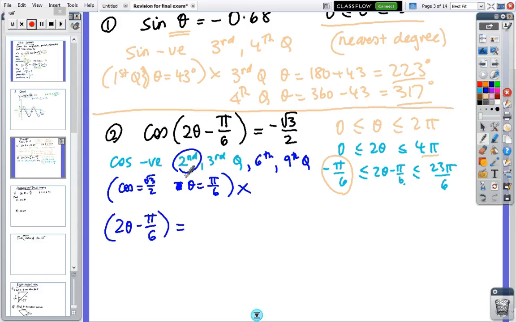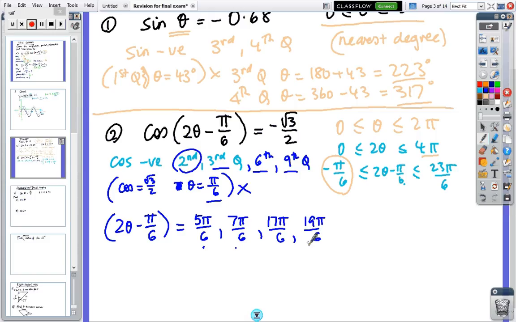So in the second quadrant, you subtract pi on 6, so that gives us 5 pi on 6. To get to the third quadrant, we add, so we get 7 pi on 6. And then to get the 6th and the 9th, let's go back to these numbers and add 2 pi. So 2 6s are 12, so I'm going to add 12, so I get 17. And add 2 6s are 12, so add 12 again.